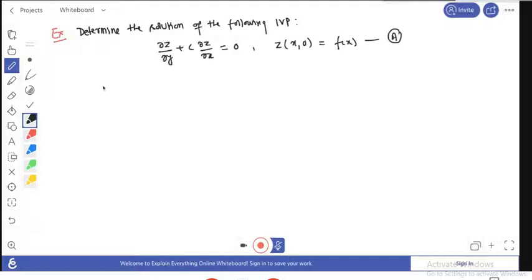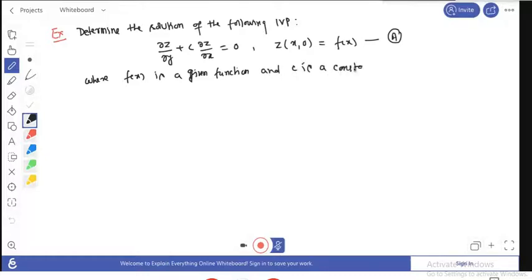Here f of x is a given function of x, any function, and c is a constant here.